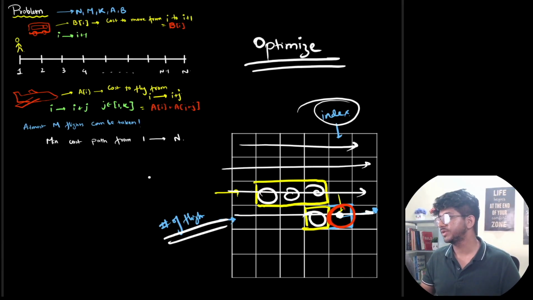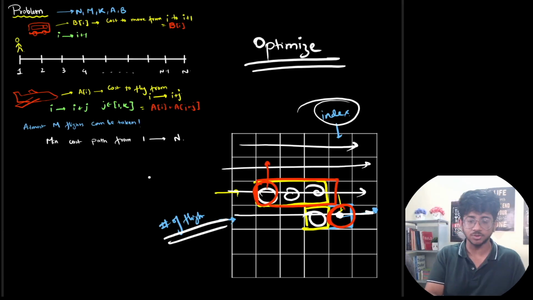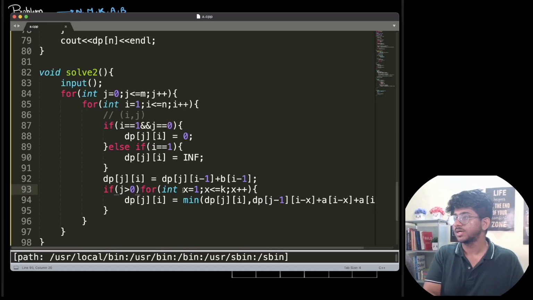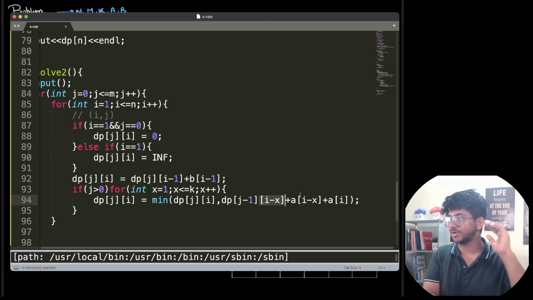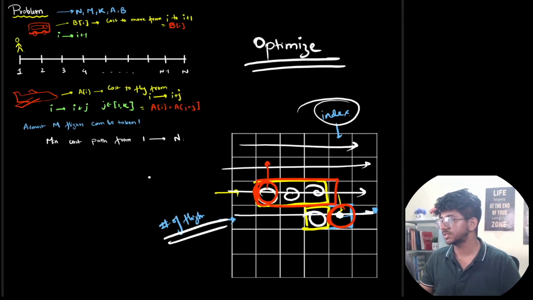For this state, we need to find the minimum of these values: whatever the dp value is, plus, let me go back to the code real quick, the dp value of j minus 1, the previous row, at certain i minus x for all different x, plus a of i minus x. So this is nothing but this value plus a of this row, this plus a of this row, and so on. The minimum of all those values is what we want to find.